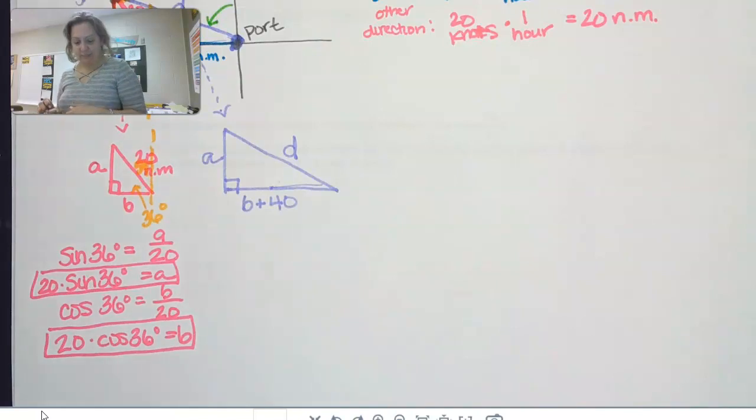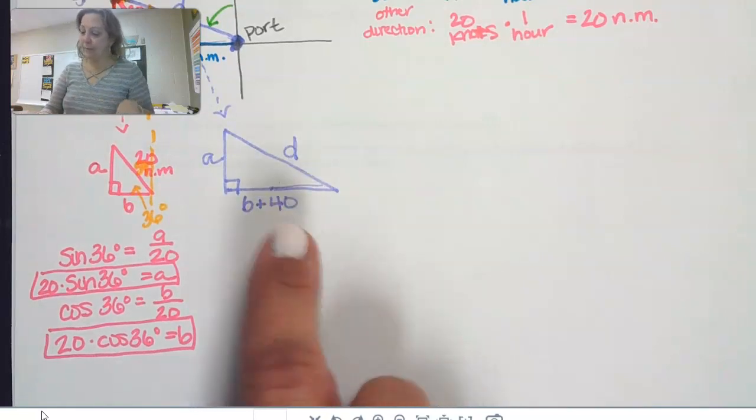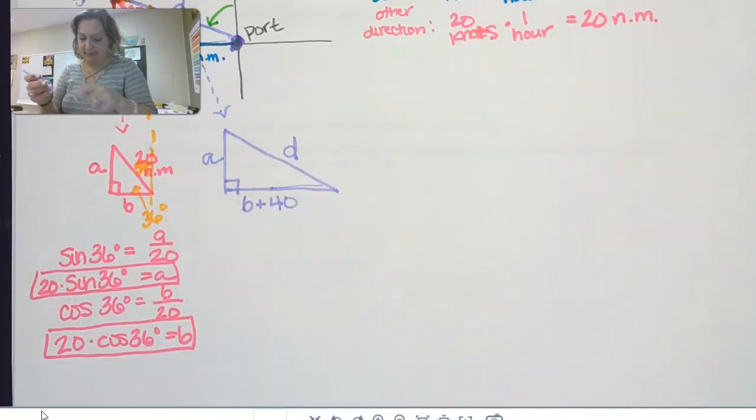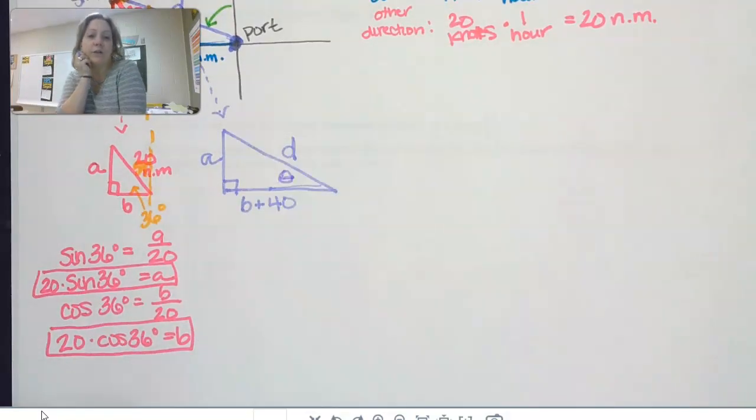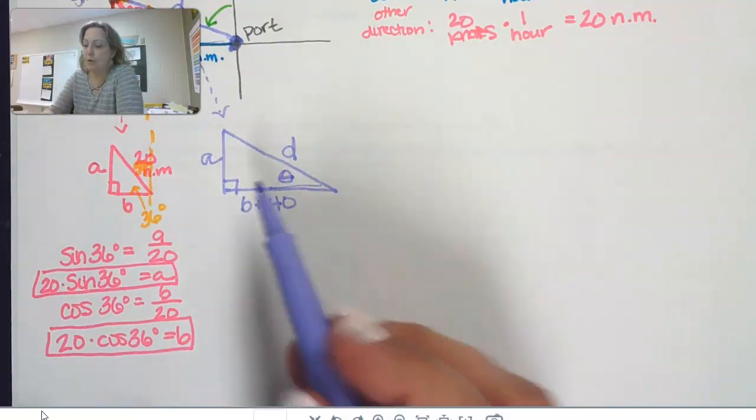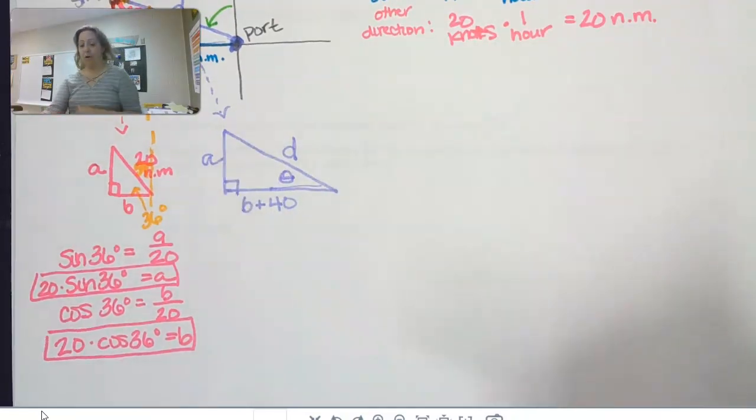So one of the things we could do is find this angle, which I'm going to call theta. I'll color it with the purple again. We could find this angle theta because we know what A and B are.